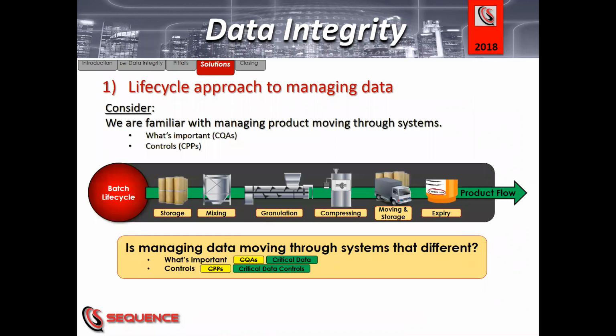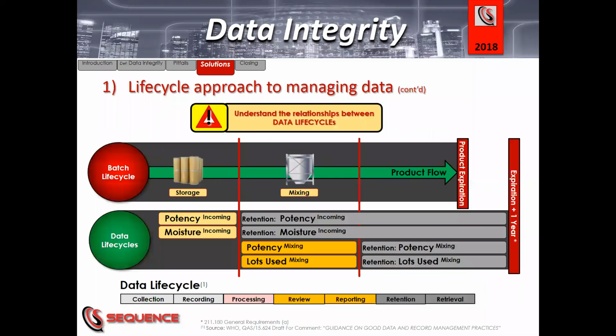Critical quality attributes would move to critical data, and the controls would be critical data controls. We find that this fits in people's existing framework to help them understand data integrity and how to assure it.